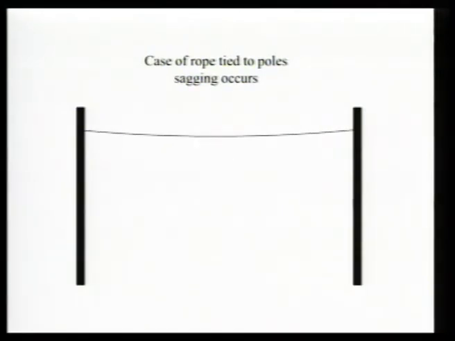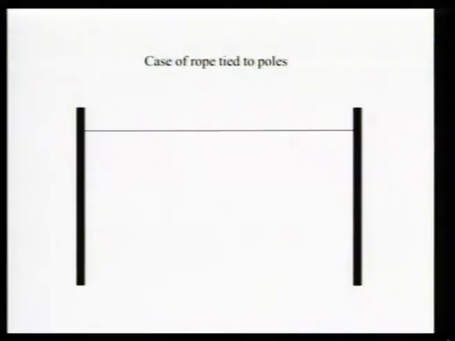This shape is known as catenary. There is always a sag. This portion will be known as span. The rope will take this shape. This portion is known as sag. And no matter how tightly you put the rope, there will always be some sag between them.